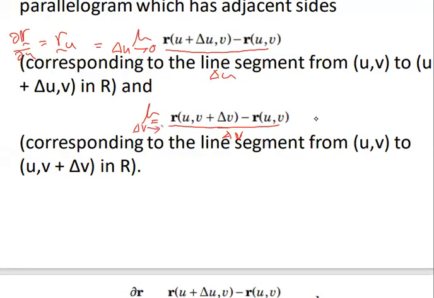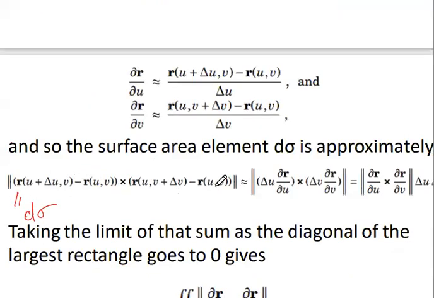That's why I said before, very tiny lengths. This length goes to zero, then this becomes the tangent. And then partial derivative with respect to v.